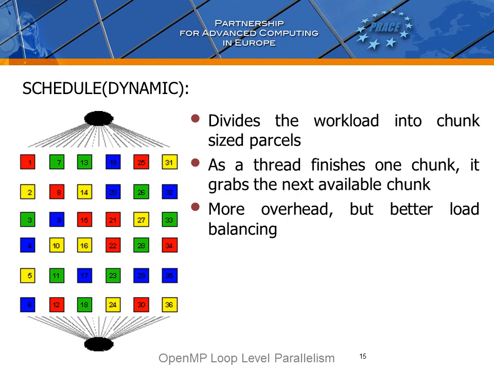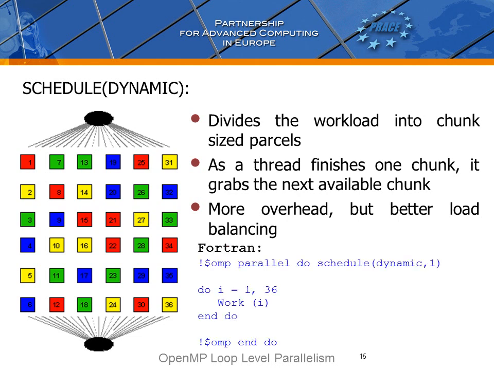The dynamic scheduling divides the workload into chunk-sized parcels. As a thread finishes one chunk, it grabs the next available chunk. When no chunk is specified, it defaults to 1. In the illustration, a vector of size 36 is divided into chunks of size 1 and dynamically allocated to 4 threads at runtime.